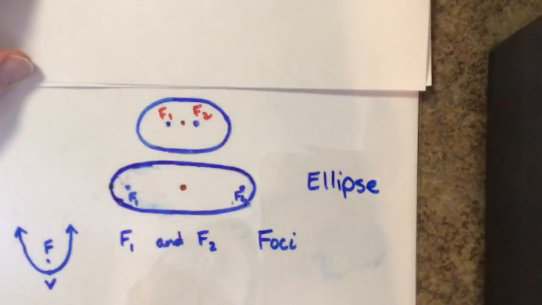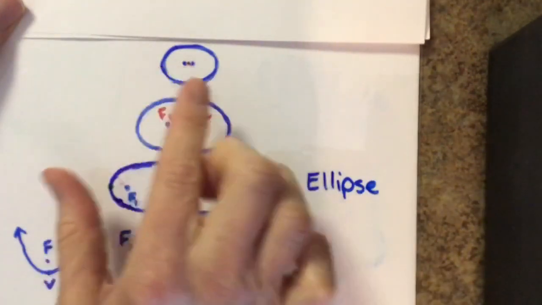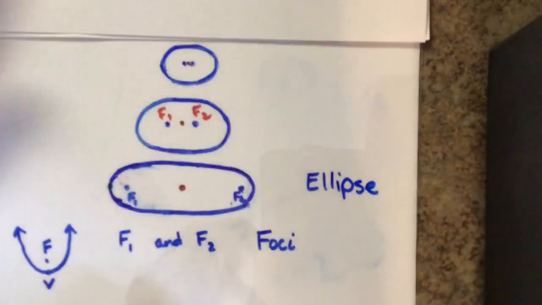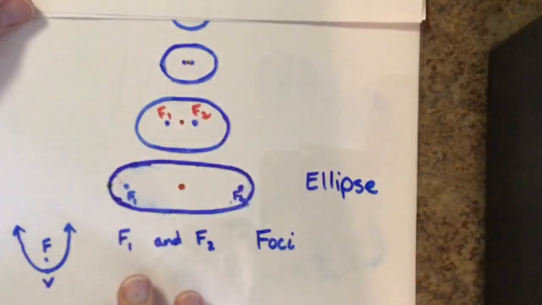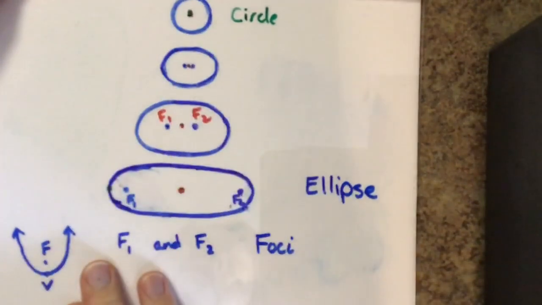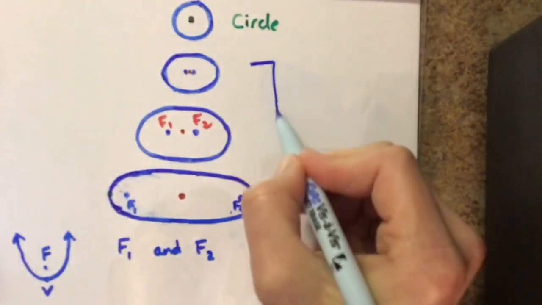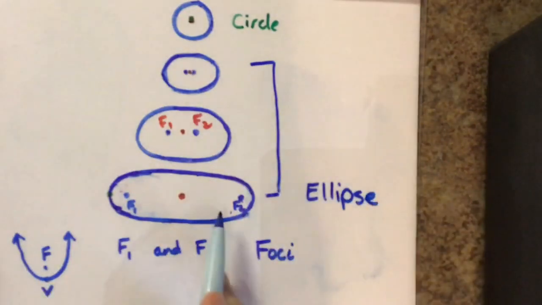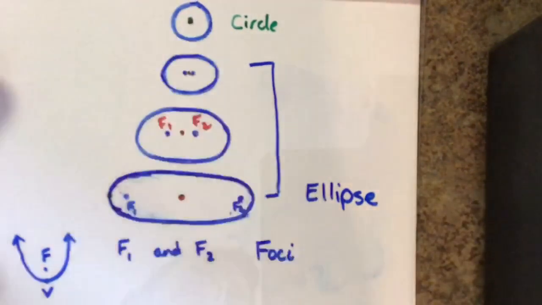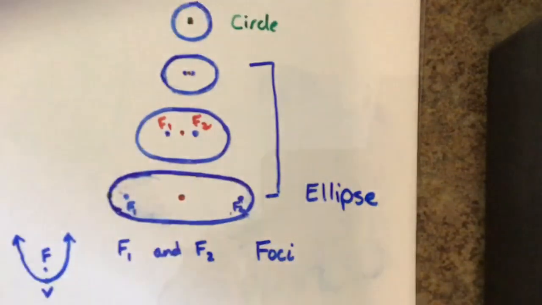And if it's even less elongated, your foci are getting super, super close to the center till all of a sudden the foci come together and they're right in the center, and that is a circle, all right? So these three are an ellipse, ellipse, ellipse, and then a circle is really just like a special ellipse, okay? Just like a square is a special what? Do you remember? A square is a special rectangle.